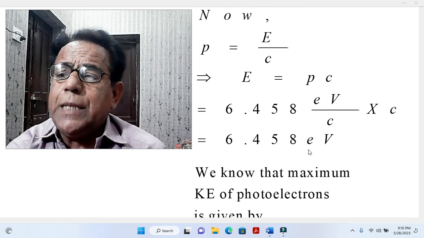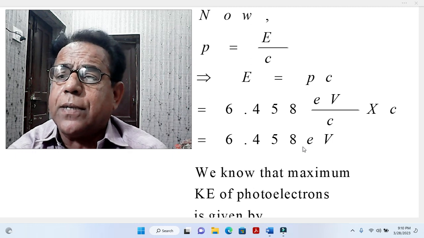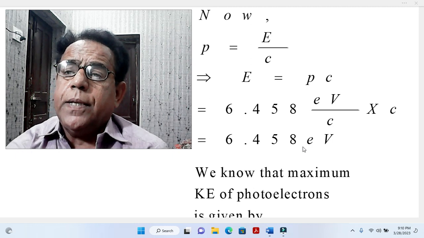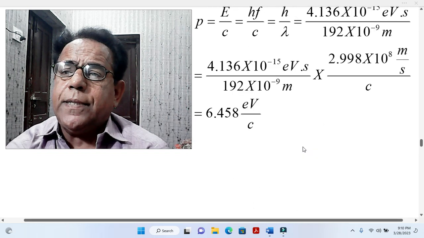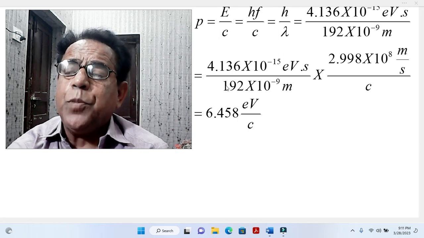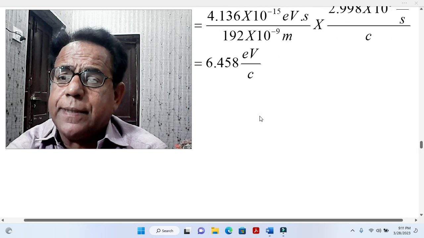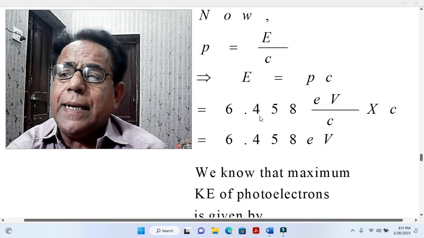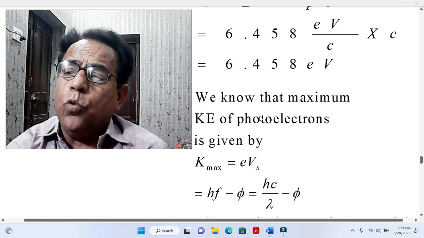Energy E has become equal to 6.458 electron volt. The only difference between previous and this is that previous was momentum, in terms of electron volt per c, while this is energy, in electron volt only.